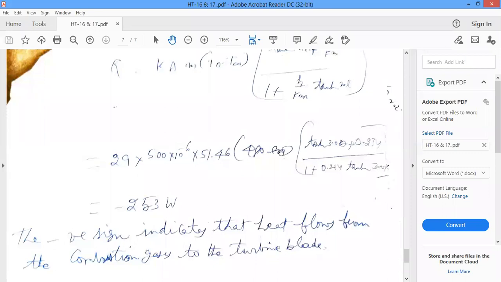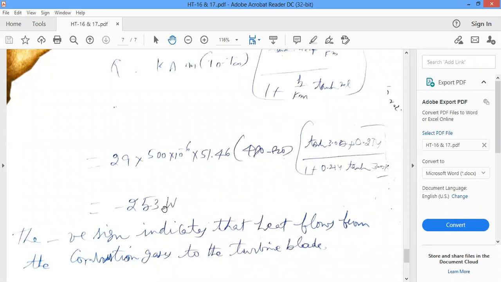After substituting, you will get the value minus 253 watts, because here the base is at a temperature of 480 degrees centigrade and the outside gas is at a temperature of 820. Heat transfers from 480 to 820. That's why it is minus. Generally heat transfers from high temperature to low, but here, because we are taking it like this, obviously it is a minus value. So minus 253 watts.